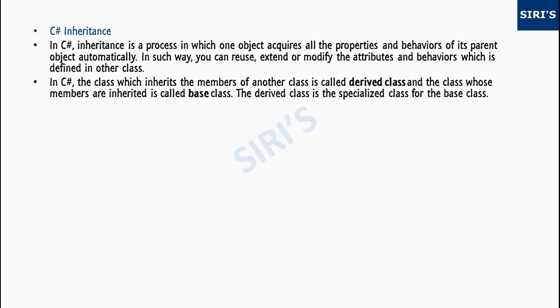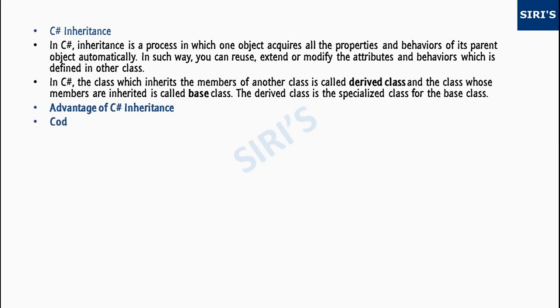In C#, the class which inherits the members of another class is called the derived class, and the class whose members are inherited is called the base class. The derived class is the specialized class for the base class.